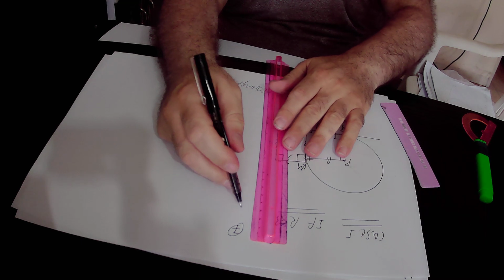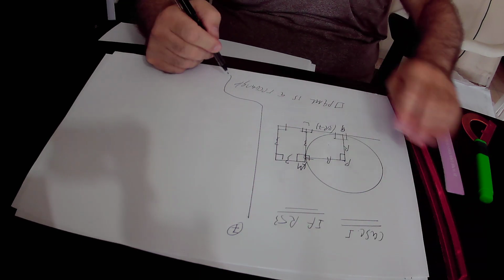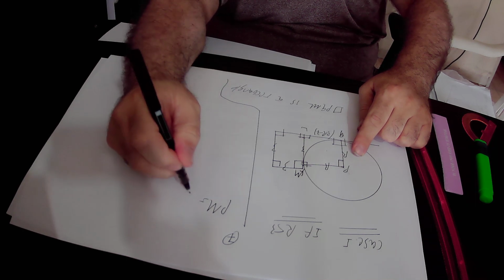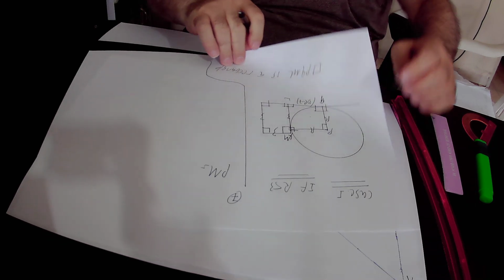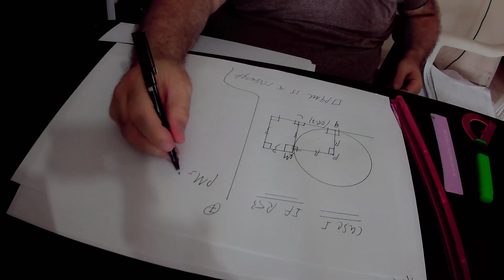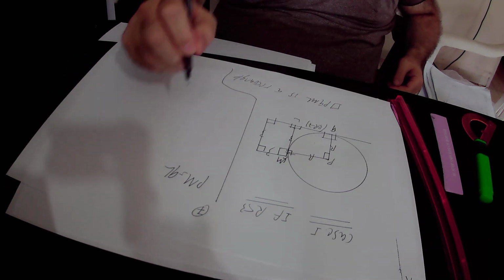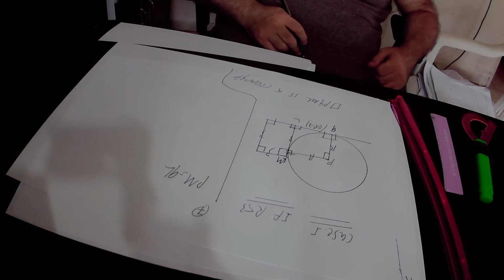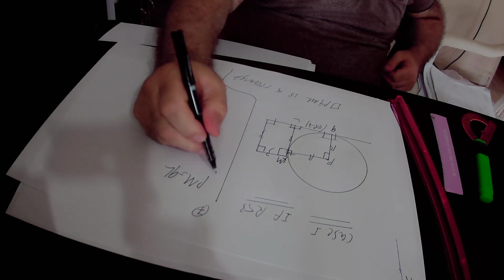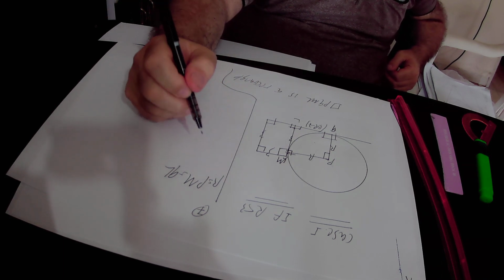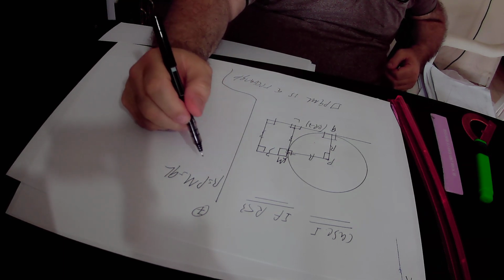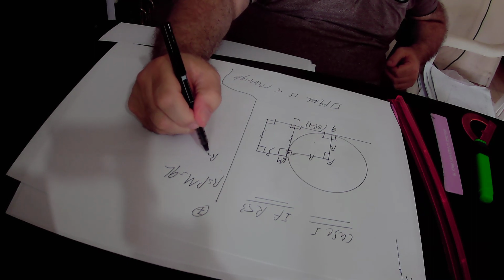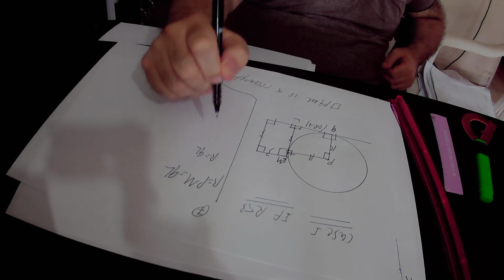That is to say that in rectangle PMQL, side PM must be equal to side QL. But here PM equals R, so we can write here that PM equals R. And from this we derive that R equals QL.